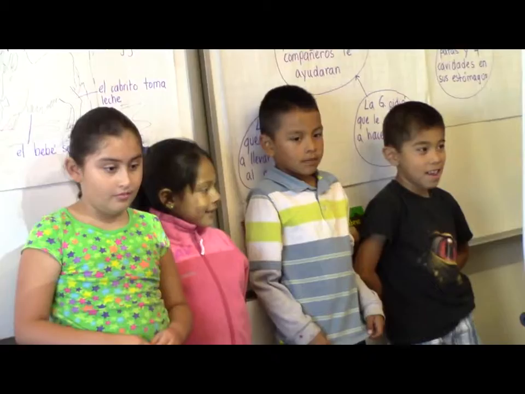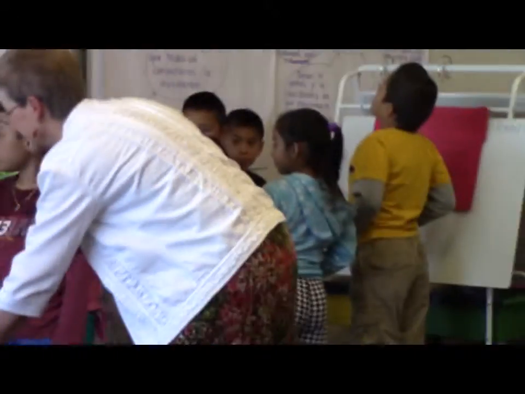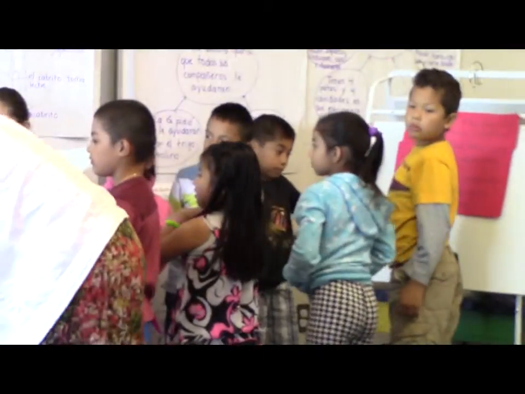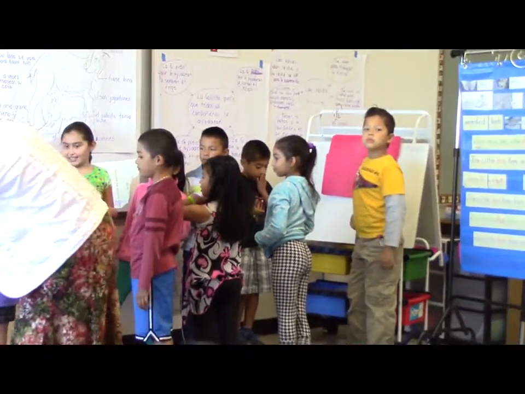So go ahead and stand there, and you're next. And then you're third. Go ahead and stand with your partner. Face your partner, perfect. Face your partner. Okay, would you face your partner? And you face your partner.